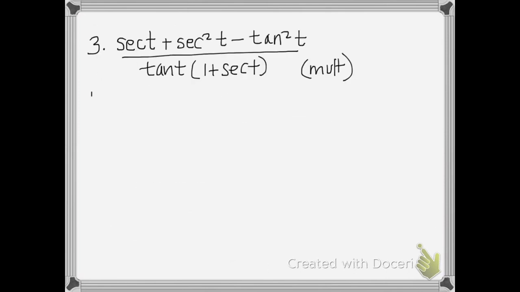Okay, moving along to step 4. In this case, we've got secant squared t minus tangent squared t, which will simplify to 1 plus secant t over tangent t times 1 plus secant t.